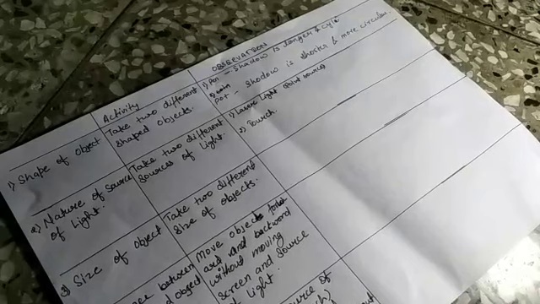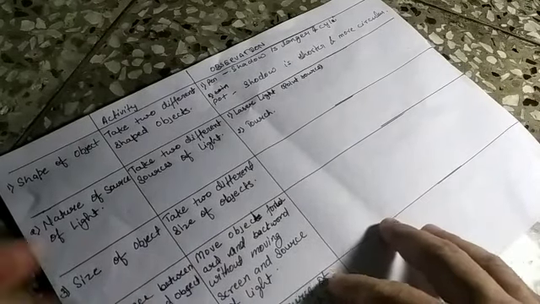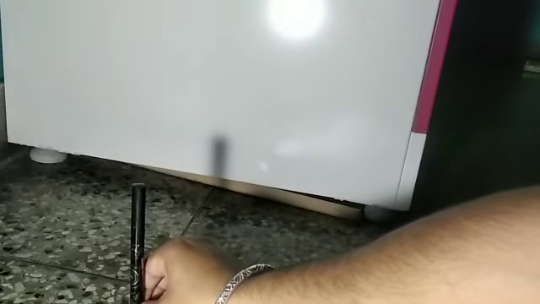Now let's do the second activity, nature of source of light. I'll do it in front of you. You will write your own observations over here. I'll tell you what the observation should be. So I'm changing the source of light. I have taken this LED torch, which is more spreading, and then I'll keep this object over here.